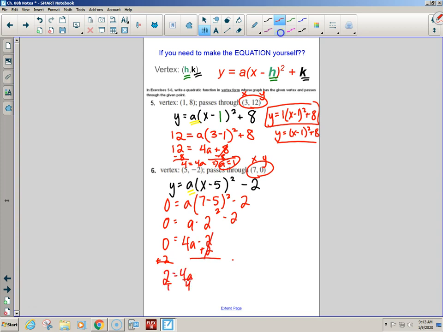Ooh, is this a fraction? Yeah. Good. A equals 1/2. If that's true, come back here and say I'm done. Well, fill it in. Y equals 1/2 x minus 5 squared minus. This is how to do 57 through 59 to finish up your 8.4B.